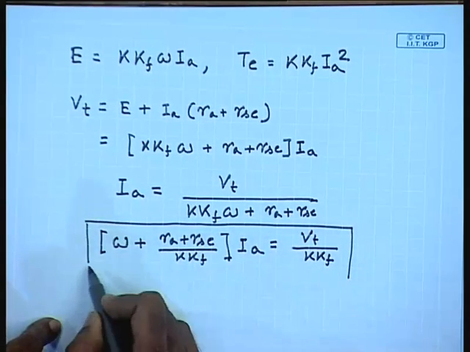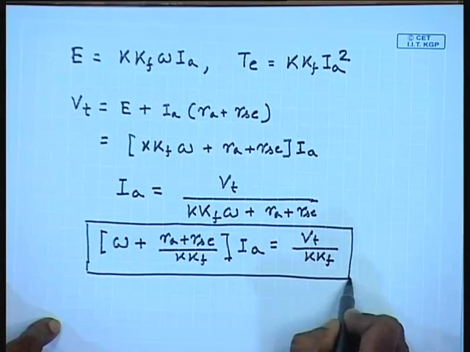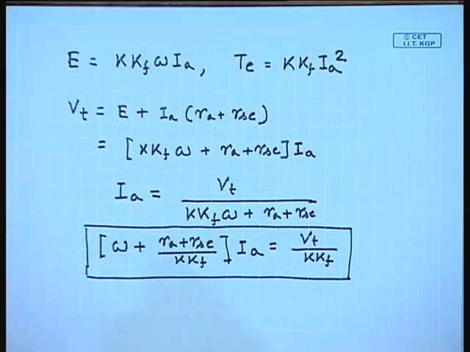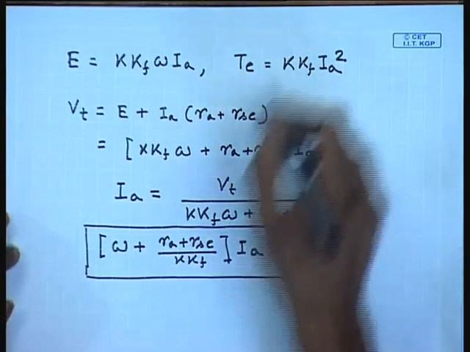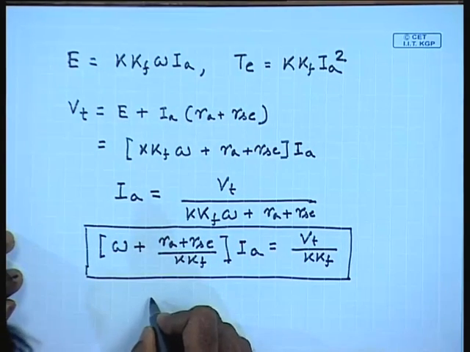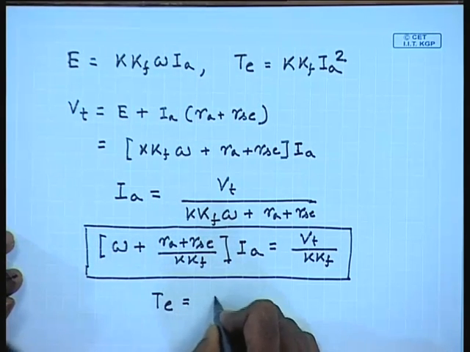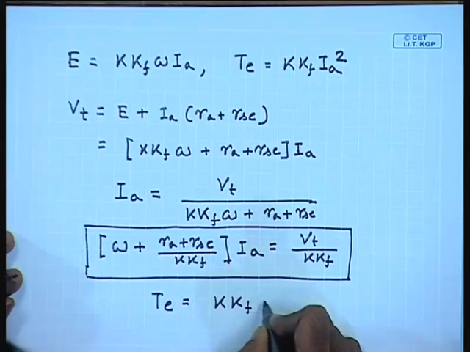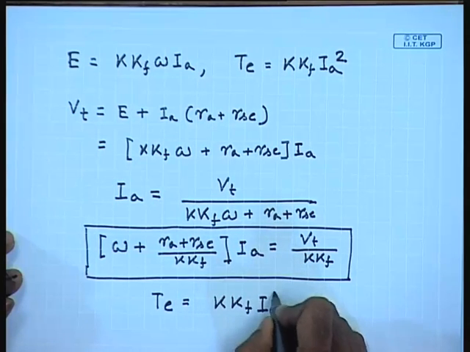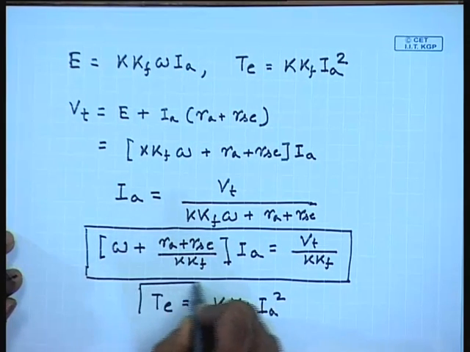We see this is like a rectangular hyperbola, whereas the torque current characteristics is T_e equal to K k_f I_A square, which is the equation of a parabola.